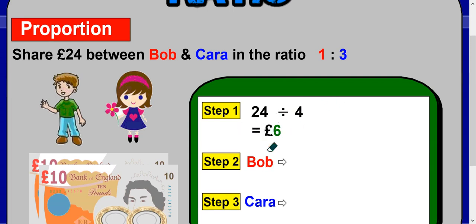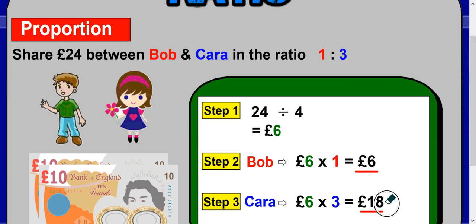So Bob's getting 1 lot of that £6, which is just £6. But Cara, she's getting 3 lots of that. So you take the £6 and times it by 3, and that gives you 18. And we'll just double check that 6 plus 18 makes 24. That's perfect.